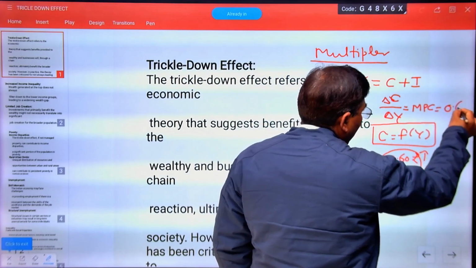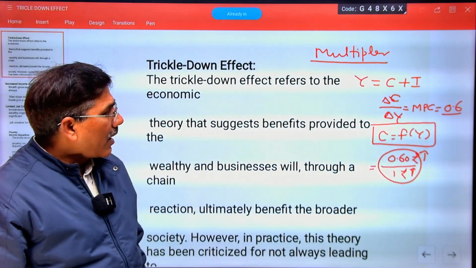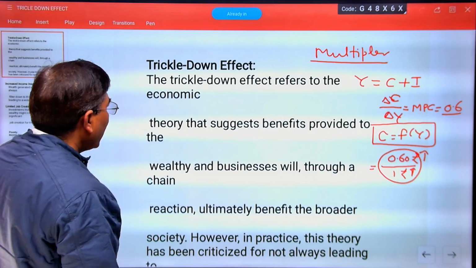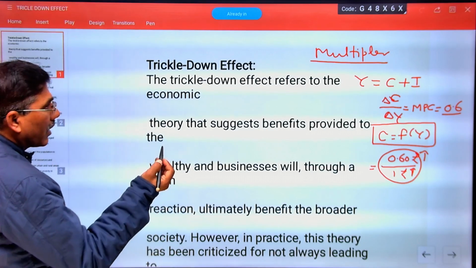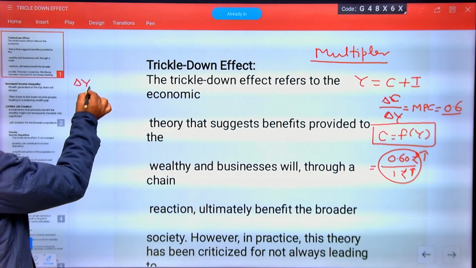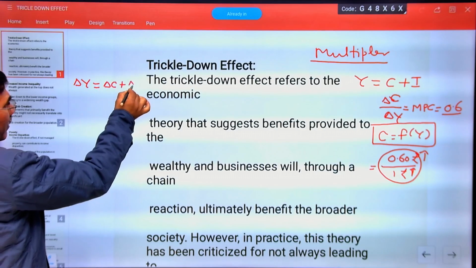MPC in India is say 0.6, that is the marginal propensity to consume. Now you can derive the concept of multiplier. If there is a change in national income, it will change both consumption as well as investment.